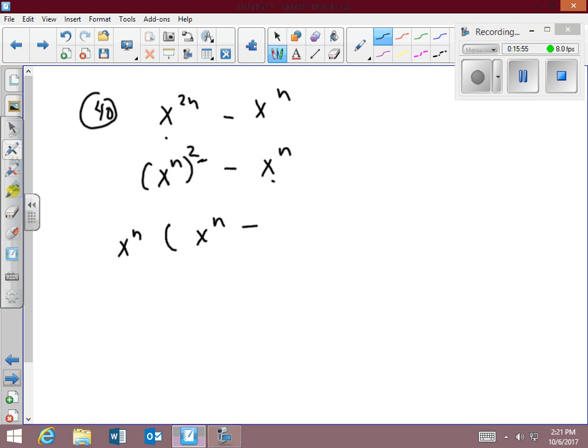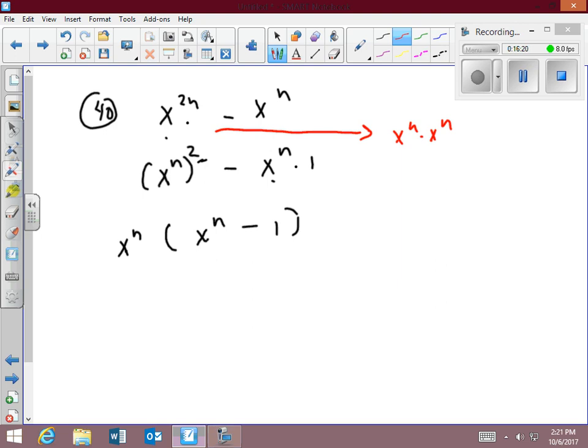A 1. Because if I take x to the n times x to the n, you can think of this in a couple of ways. You can write this one as x to the n times x to the n, can't you? Base is the same, you add the exponents.